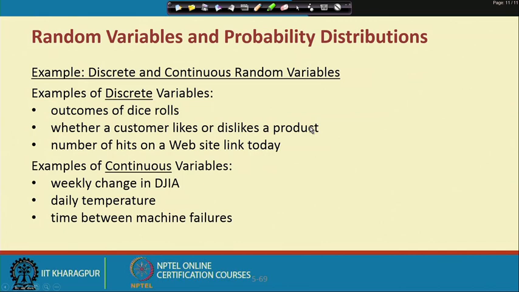These are the classic examples of the discrete variable case and the continuous variable case. For instance, outcomes of dice rolls, whether a customer likes or dislikes a product, these are all examples of discrete variables. Examples of continuous variables are weekly change in DJI, daily temperature, time between machine failures. These are all continuous variables.